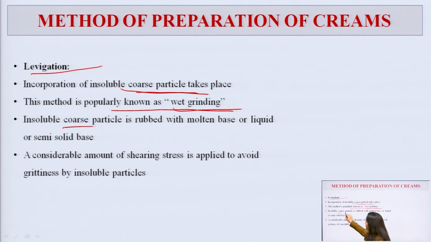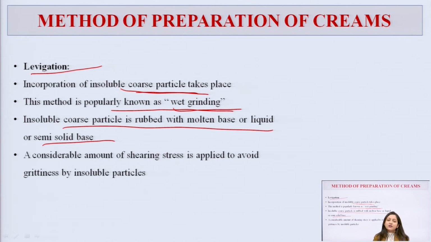Insoluble coarse particle is rubbed with molten base or liquid or semi-solid base. Depending upon our choice, what kind of base we want, what kind of criteria we have in order to make the particular cream, we are going to choose our base, and depending upon the base, we are going to add our medicament or the insoluble substances into it.